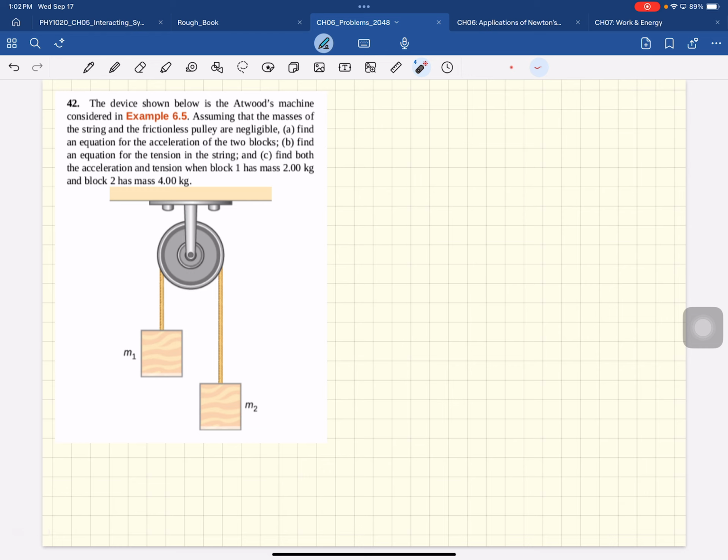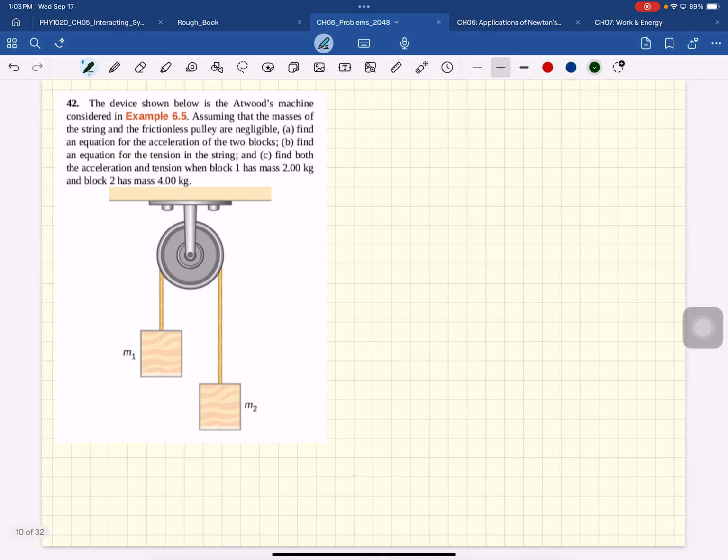All right, so this is an Atwood's machine. The device shown is an Atwood's machine, assuming that the masses of the string and the frictionless pulley are negligible. So this is massless, and it's frictionless. Find an equation for the acceleration of the two blocks.